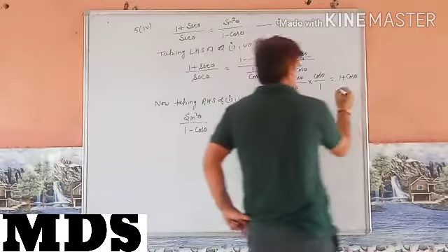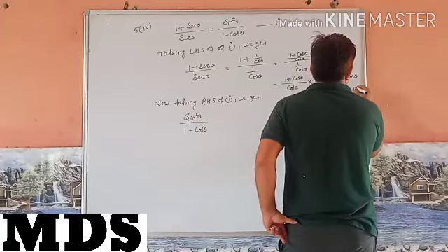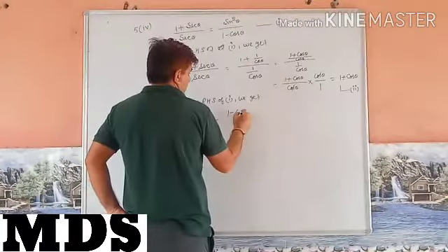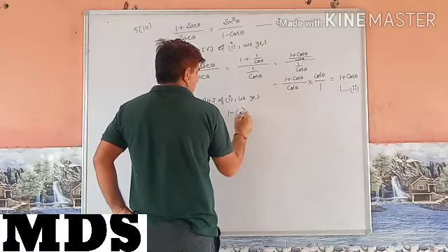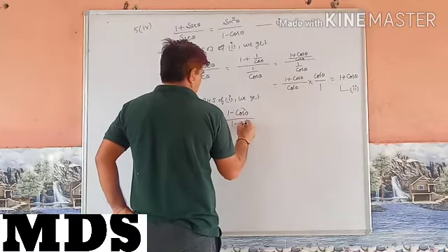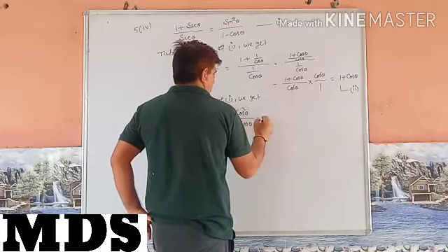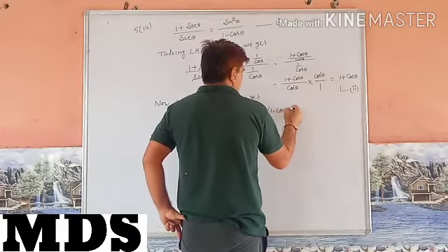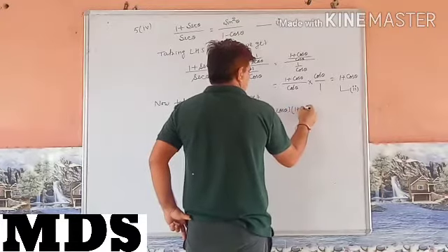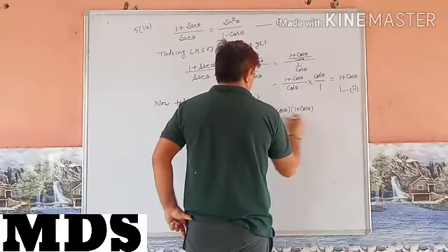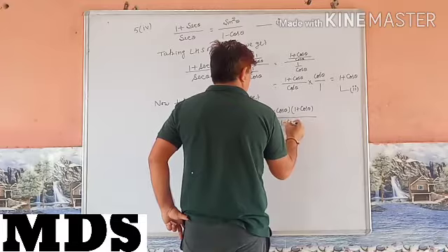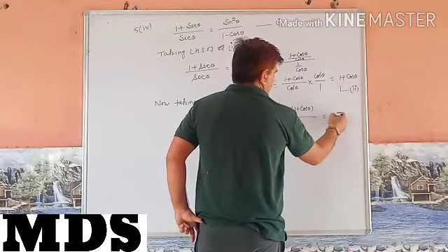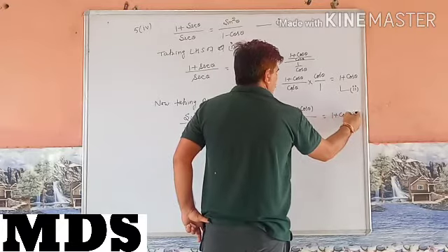This you can write as 1 minus cos square theta by 1 minus cos theta, and this try to write as 1 minus cos theta into 1 plus cos of theta by 1 minus cos of theta. Cancel out, is equal to 1 plus cos of theta.